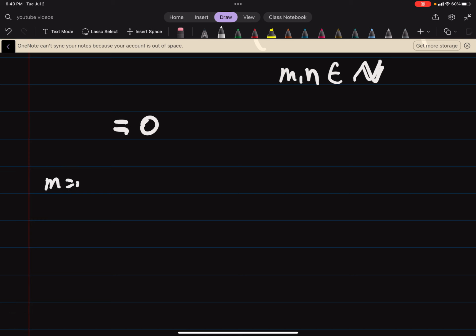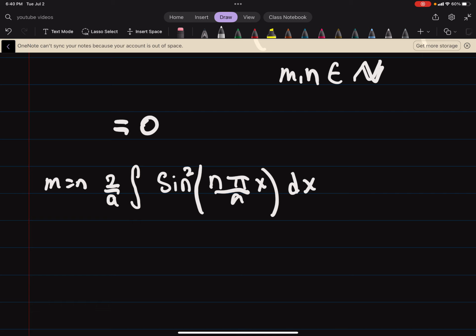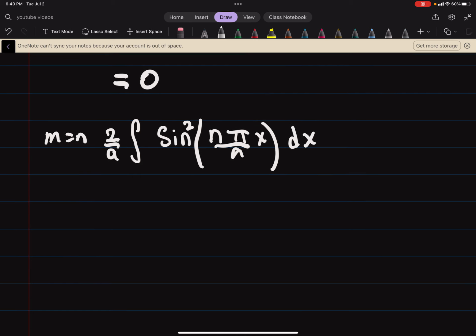If m equals n, then you just have the integral of 2 over a sine squared of, we'll just call it, n pi over a x dx. And again, you can do this with the u substitution.